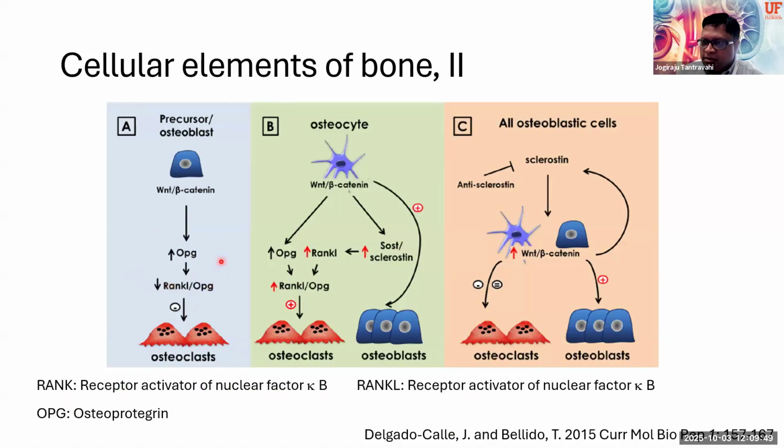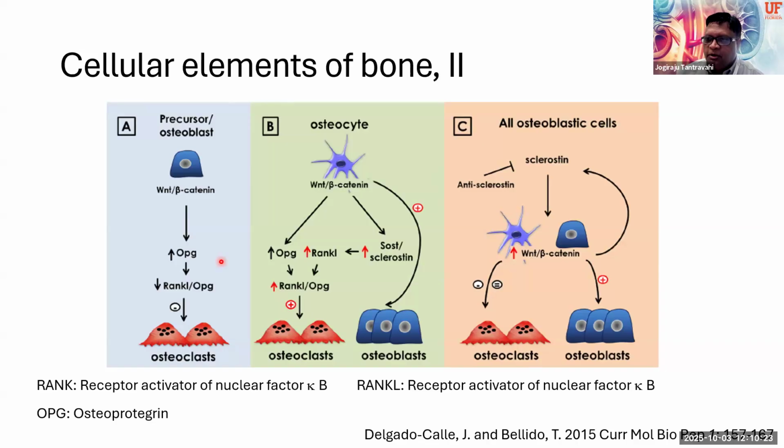Now, the important thing about when RANK ligand binds to RANK is that process will lead to a stereotypical and quasi-pro-inflammatory cascade that activates osteoclasts and tells osteoclasts to do what osteoclasts do, which is use a polar vacuolar ATPase, which was partially discovered by a previous chief of this division, to break down bone.